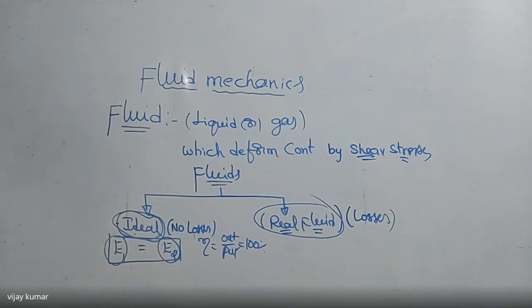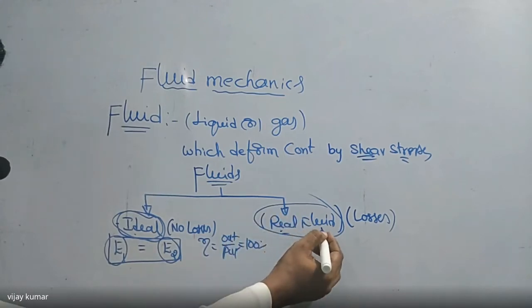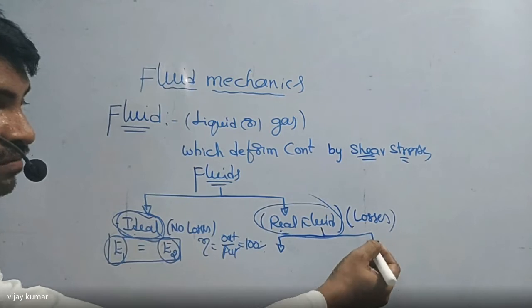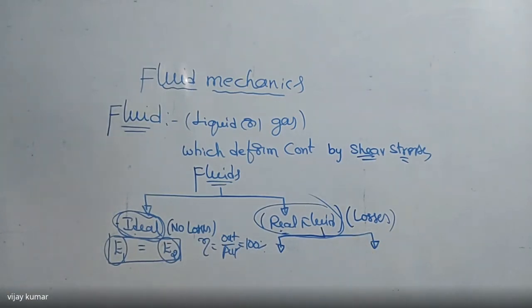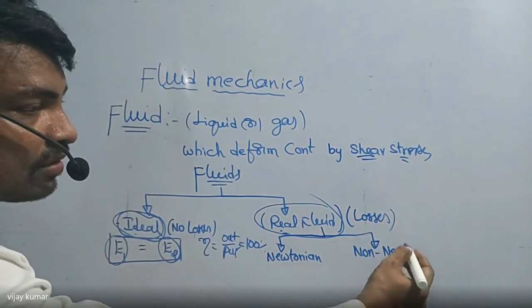But in case of real fluids, we are having two types of classifications. One is Newtonian fluid, and the second one is non-Newtonian fluid.